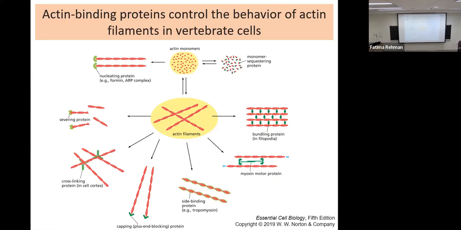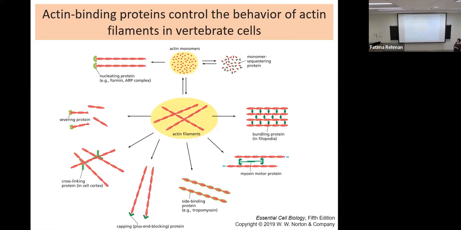There are many ways in which they can be utilized inside the cell, and many ways that they can be structured inside the cells with the help of linking proteins and binding proteins that they interact with. You have nucleating proteins that are going to help increase their length and help to grow them.